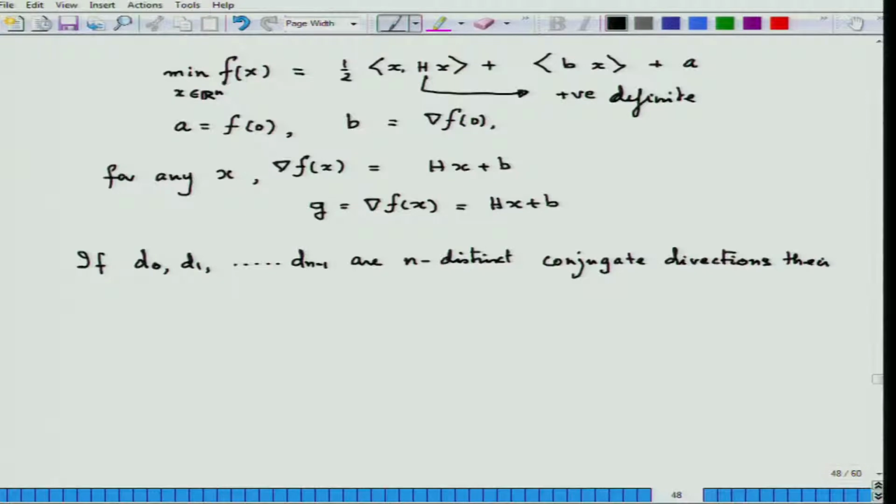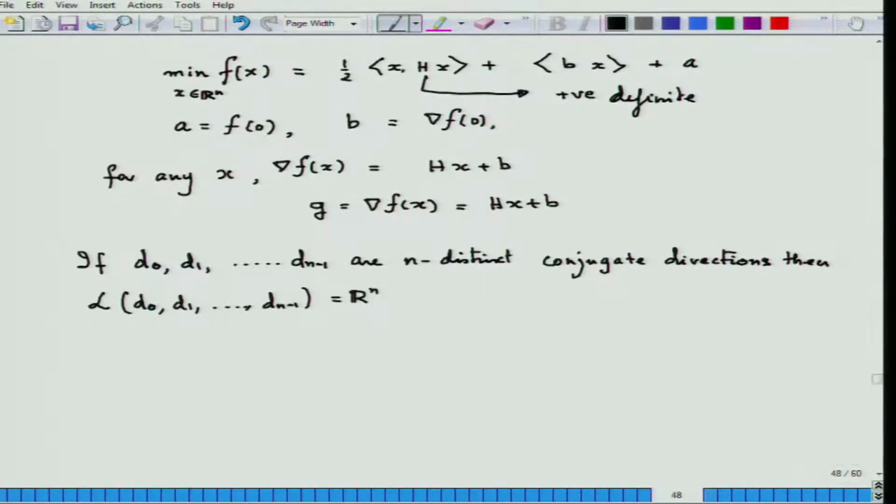Then, with n distinct conjugate directions, the linear span of them, the subspace generated by them, is R n, because there are n linearly independent vectors in R n and their span would naturally generate R n.